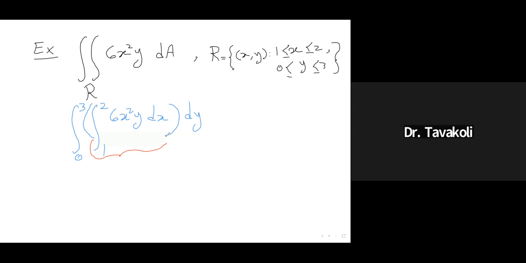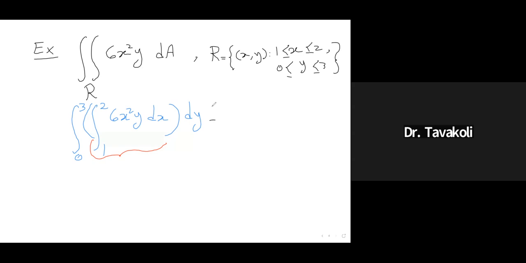So for this integral, y is a constant, and also 6 obviously is a constant number. From calculus 1 and 2, we know that a constant can come out of the integral. So the 6 and y come out of the inside integral, not the outside integral, because the outside integral is with respect to y.